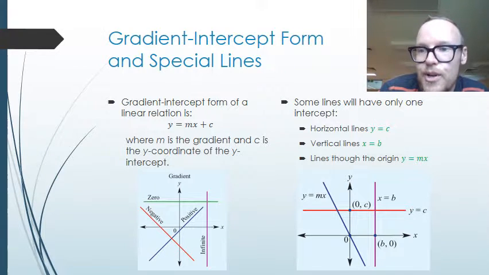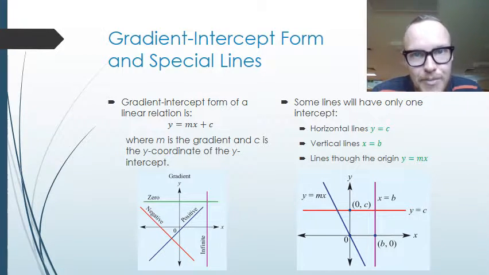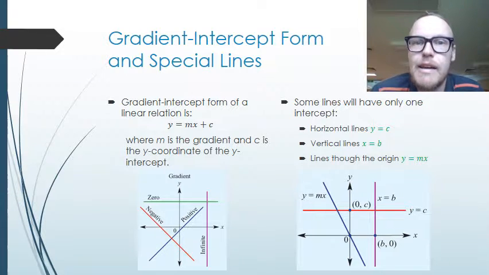Now we can also look at linear relations and linear graphs by putting them in a particular form, which is called gradient-intercept form. It's very easy to read and then very easy to graph from, and it's the general form that we use for most linear graphs, and it's the one that you'll see if you decide to study physics, which you definitely should, looking at the way different relationships interact.